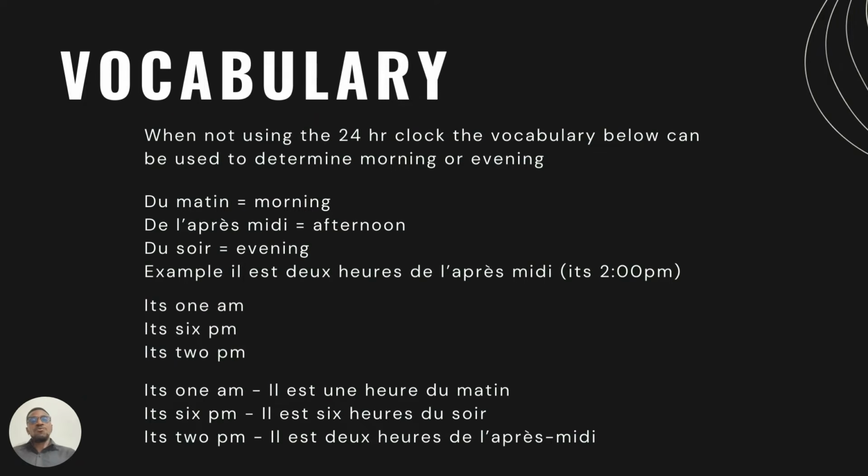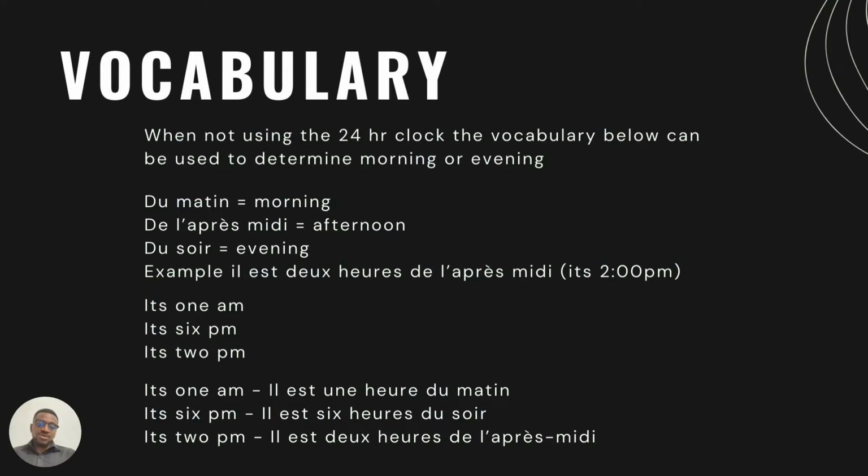So now for vocabulary, that's mostly to do with the 12-hour notation, sorry. We're not using the 24-hour. You can now use this vocabulary to specify whether you're referring to the morning, afternoon, or evening. Think of it this way.